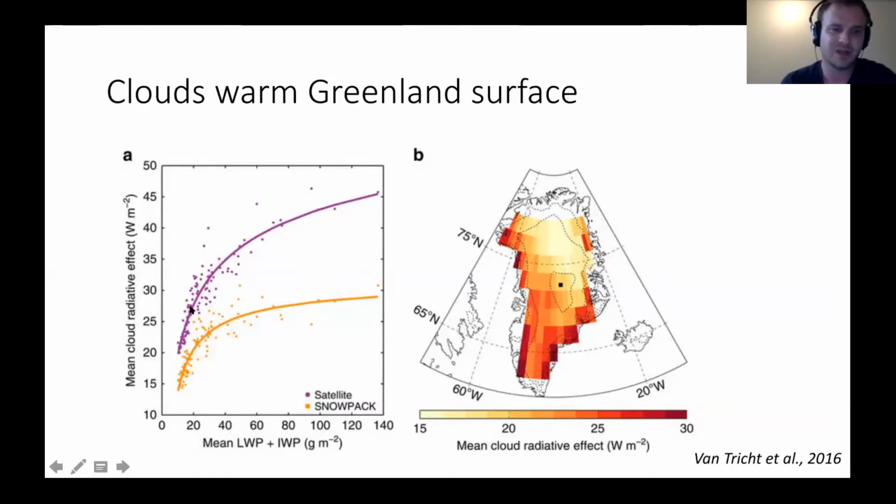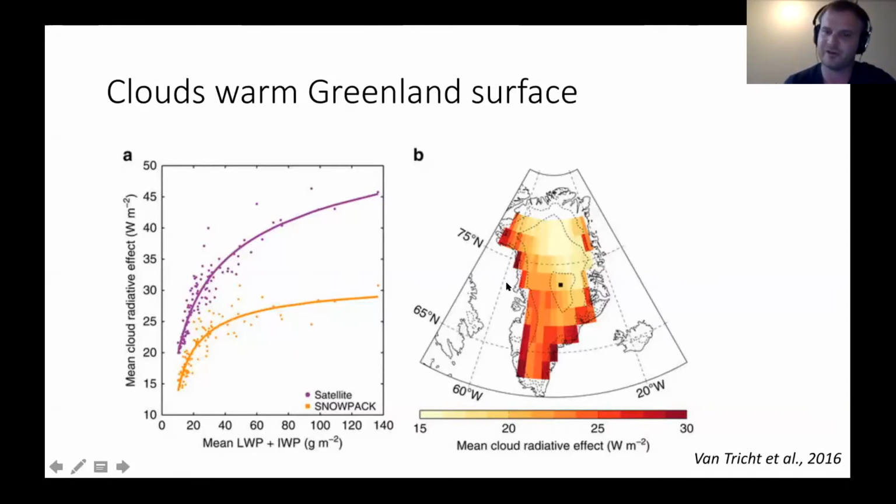And you can see in this purple line that it's basically positive everywhere, and it increases with increasing liquid and ice water path in the clouds, which means that the deeper and the more clouds you have, the more energy will be received by the ice sheet surface.